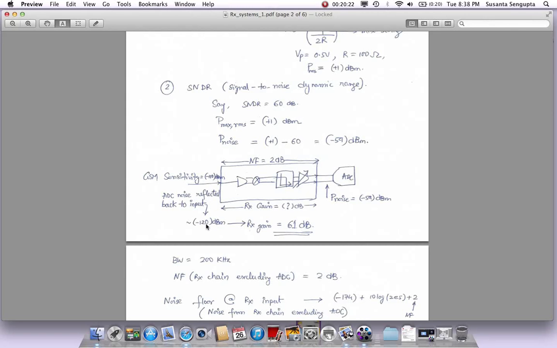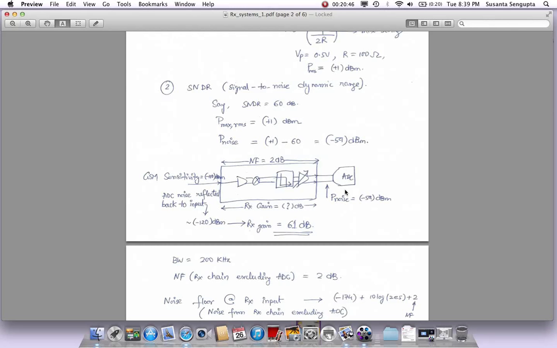How much below? 10 dB further below. So I want the ADC noise to be minus 120 dBm. So my sensitivity is minus 110 dBm, and my ADC noise is minus 120 dBm, reflected at the input. If the ADC noise floor is minus 59 dBm and this is minus 120 dBm, what is the gain you need? You need a gain of about 61 dB.